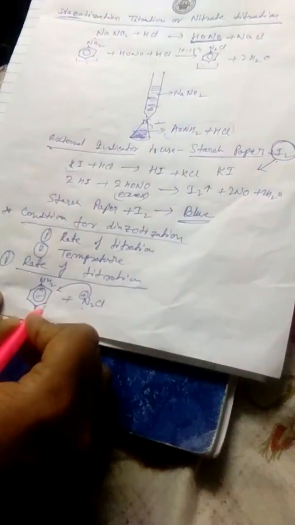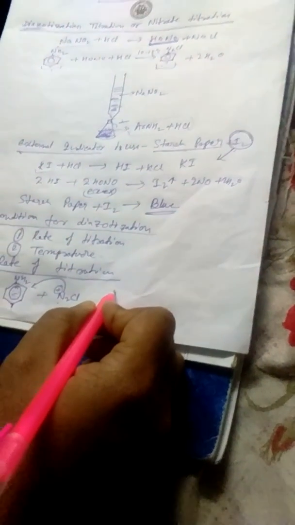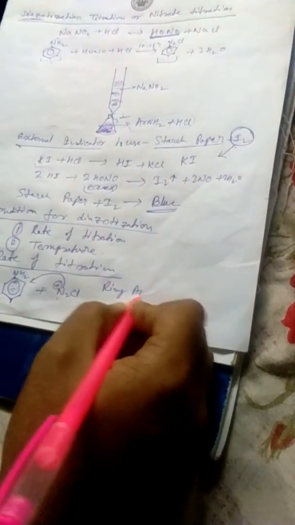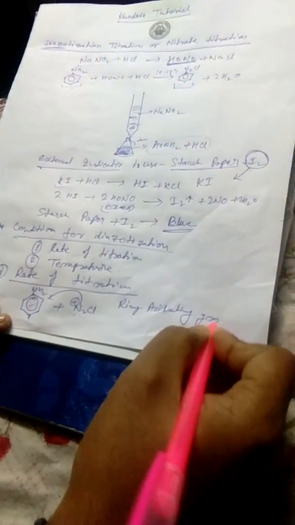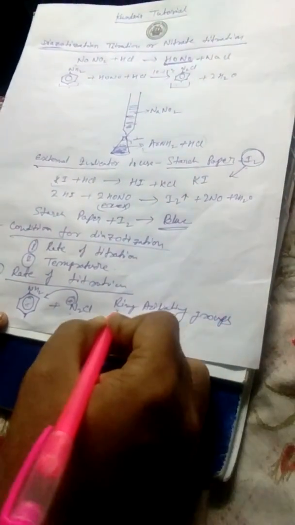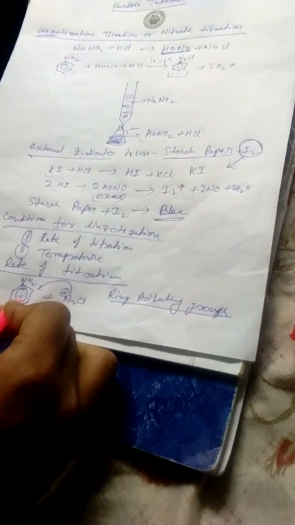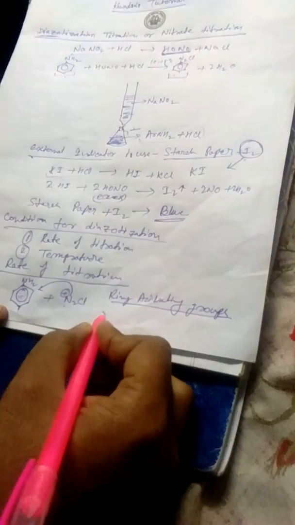So there are two types of groups, as I have earlier mentioned, ring activating and ring deactivating. Ring activating groups increase the electron density.